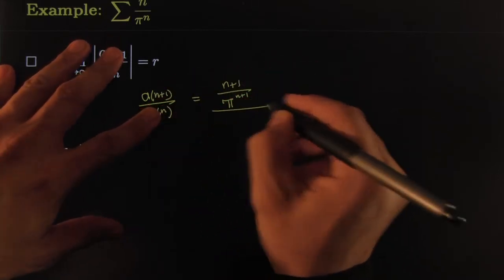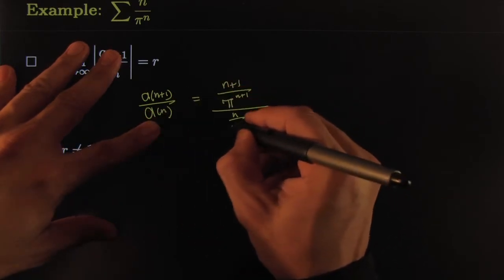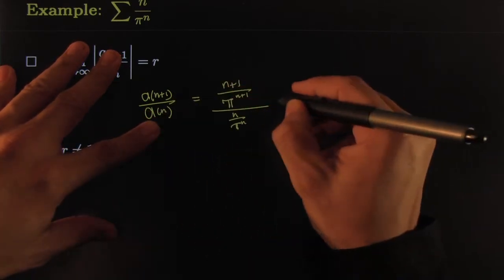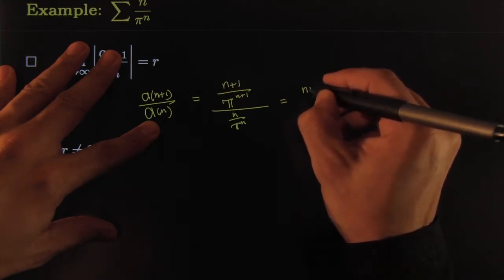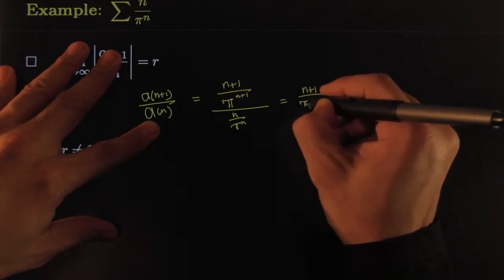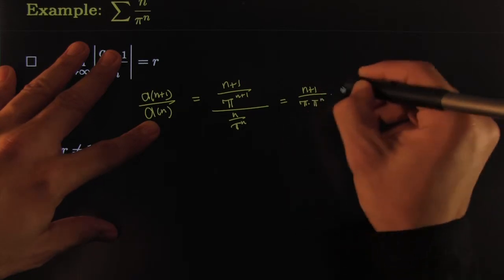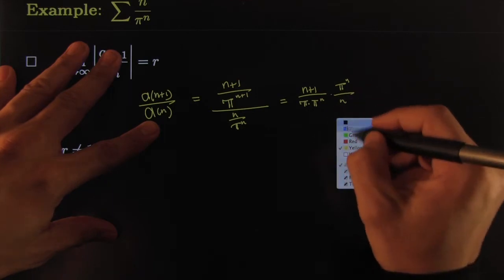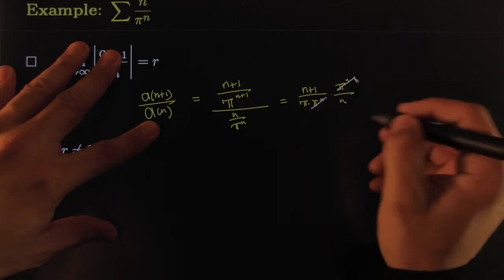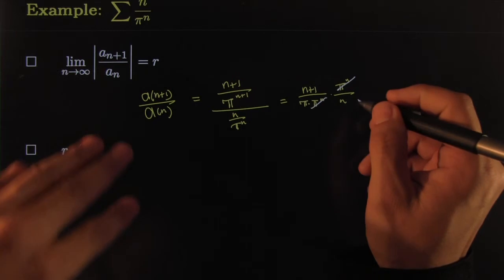That's my a n plus 1, and I need to divide that by the plain one with n's. I need to simplify this just a bit. Maybe I'd say this is n plus 1 divided by pi times pi to the n, times pi to the n divided by n. Maybe I simplify this more. This goes, that goes.